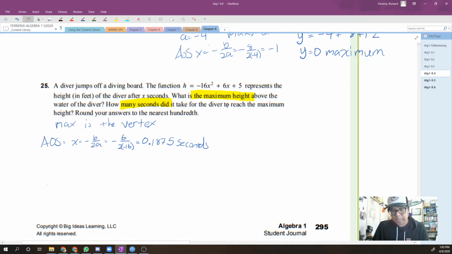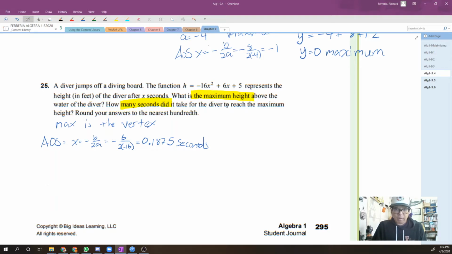To find the vertex, we first find the axis of symmetry, negative b over 2a, which is negative 6 over 2 times negative 16. I didn't write it there, but that's negative 6 divided by negative 32, which is 0.1875. Again, that's a scary looking number, but don't let it worry you. You have a calculator. That's why you have a calculator.